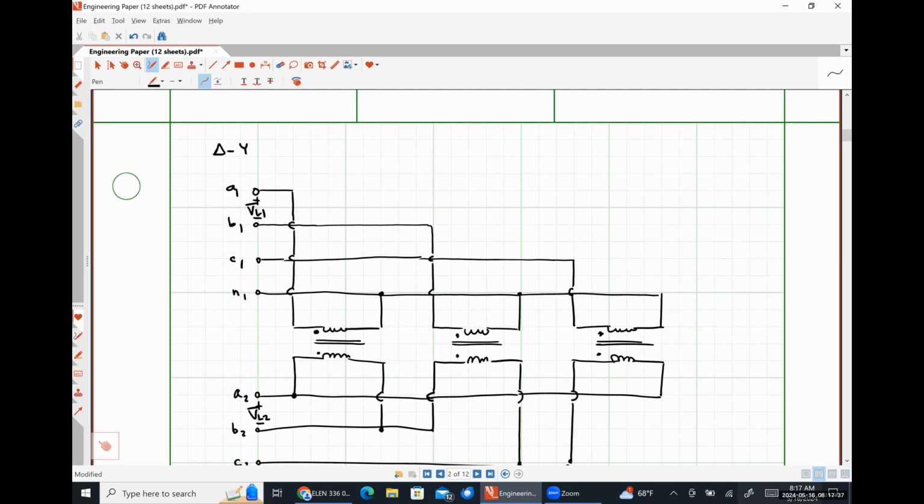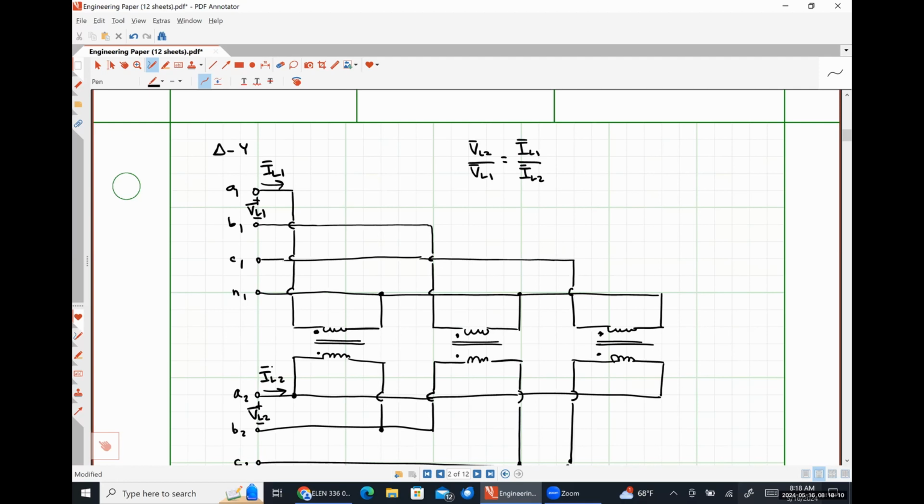So our mathematical relationships for this one will be as follows. VL2 over VL1 will be equal to IL1 over IL2. Let's define those currents. So this would be IL1, and this would be IL2.